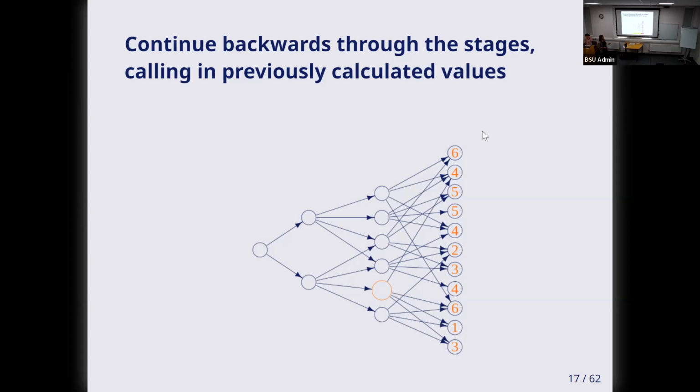So let's suppose that we consider choosing dose 1 from this orange state, and that could take us to the final stage states indicated by these orange arrows.